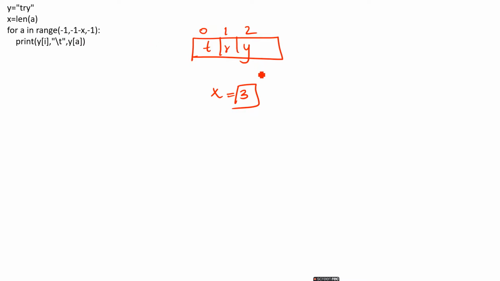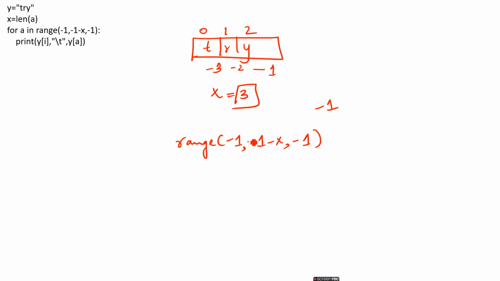So we have to give the backward indexing: -1, -2 and -3. Now see the range function. It is range of -1, -1 - x, -1. So the starting index is -1. So we will get -1.